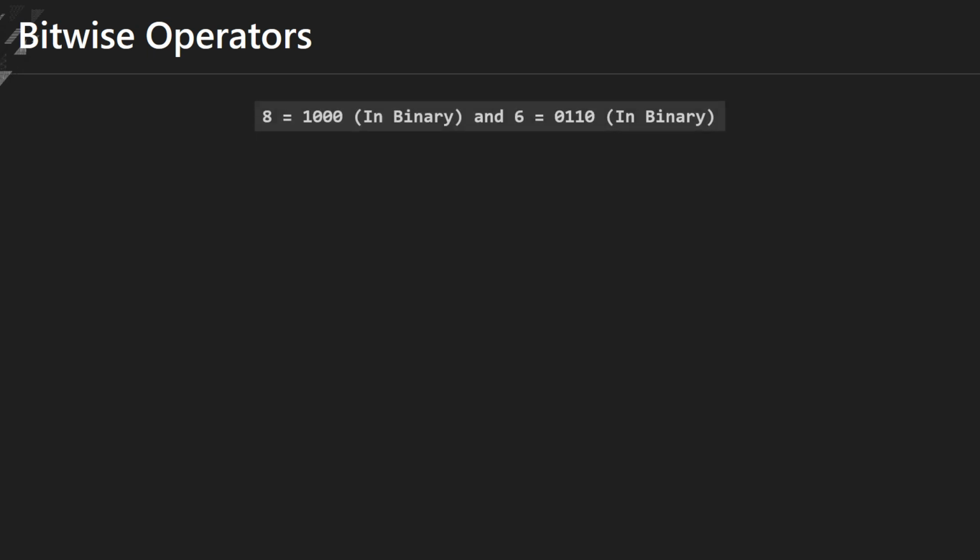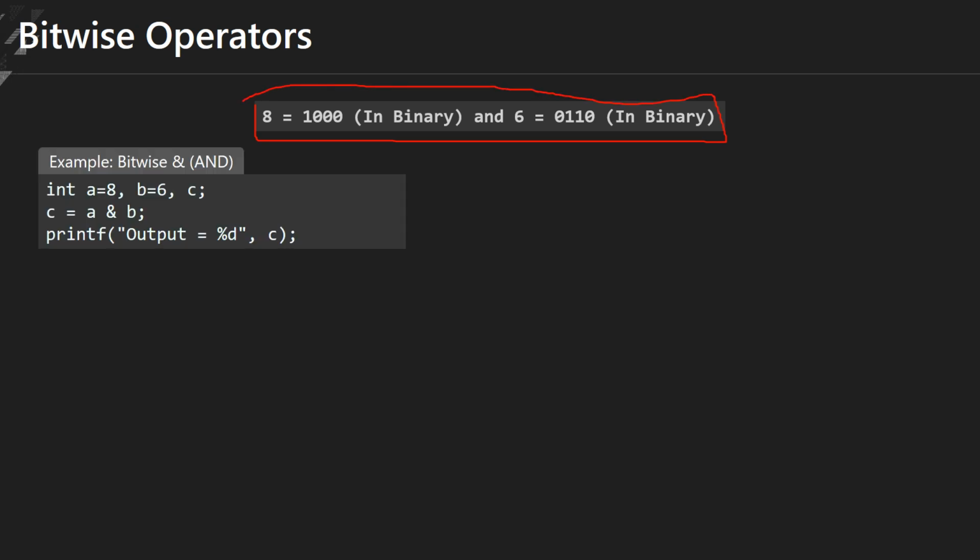Suppose A = 10, which is 1010 in binary, and B = 6, which is 0110 in binary. We always use them like this for bitwise operators. C = A & B, what is the output?